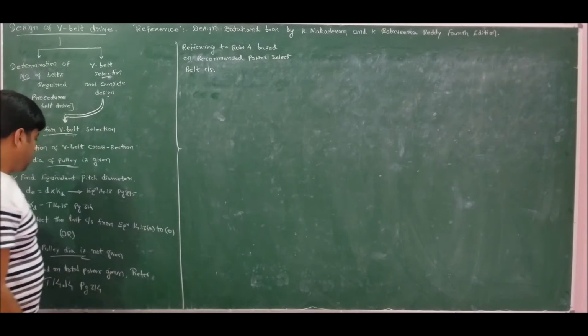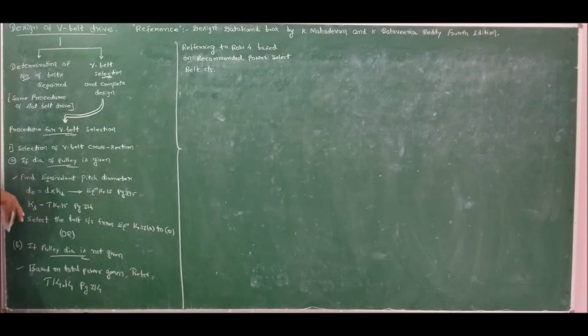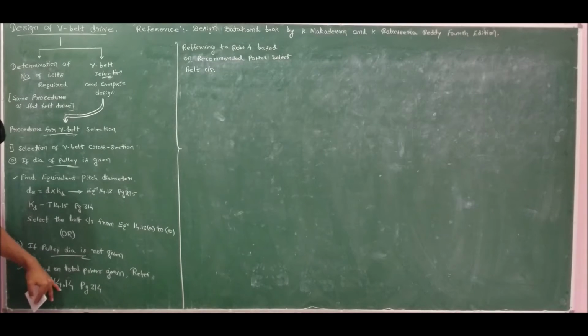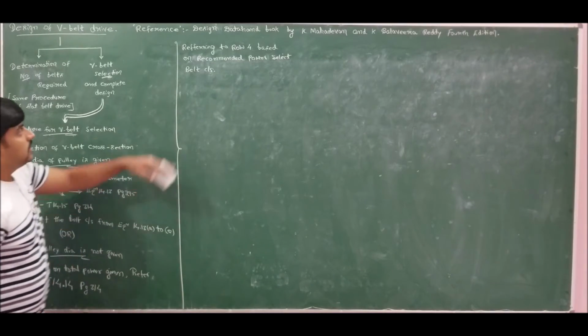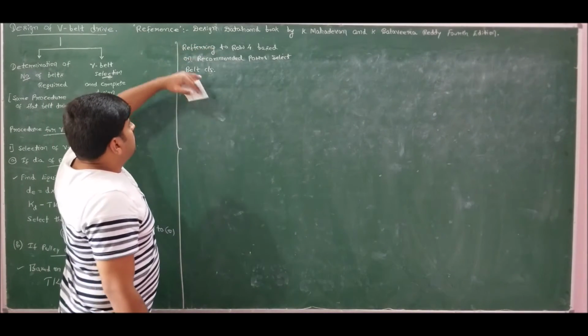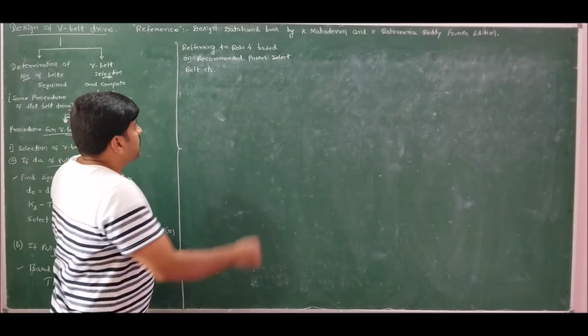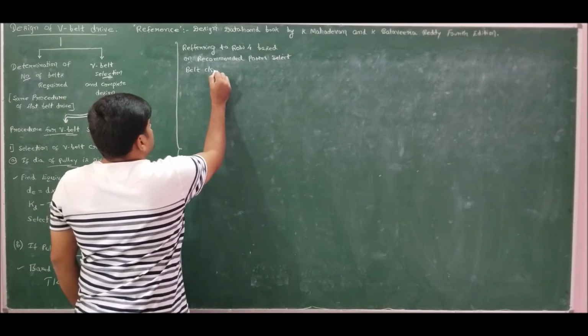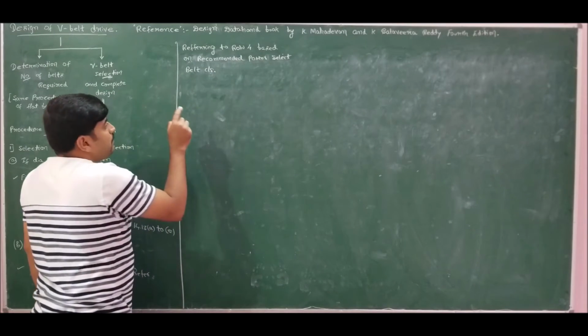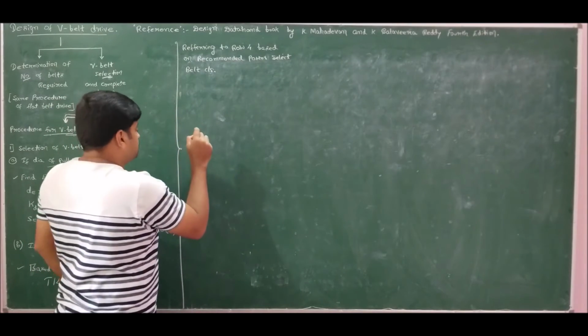That is, if the pitch circle diameter is not given, then based on the total power specified in the problem, referring to table 14.14, page number 314, if you refer to row 4, we have recommended power for various cross sections of belt. Based on that, you can select the belt cross section, that is cross section A, B, C, D or E.